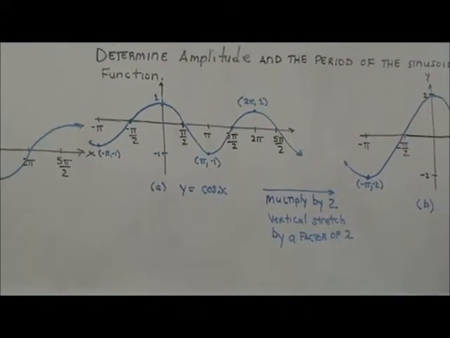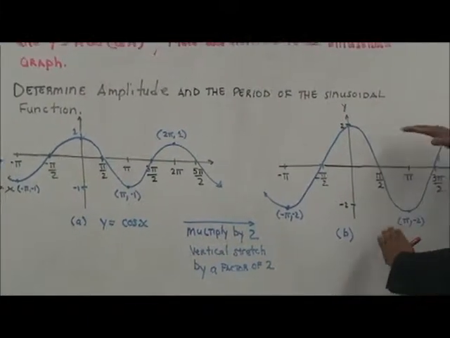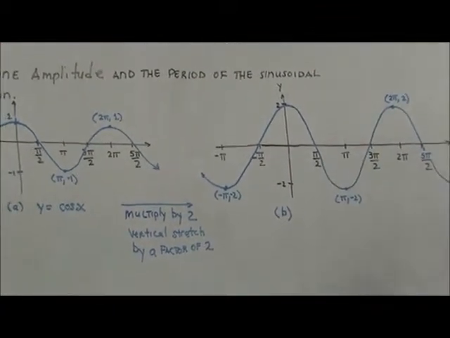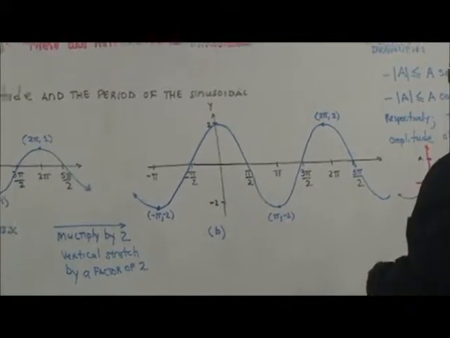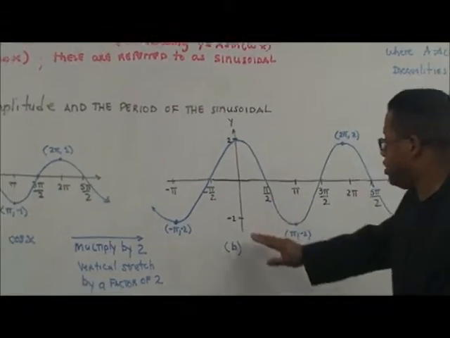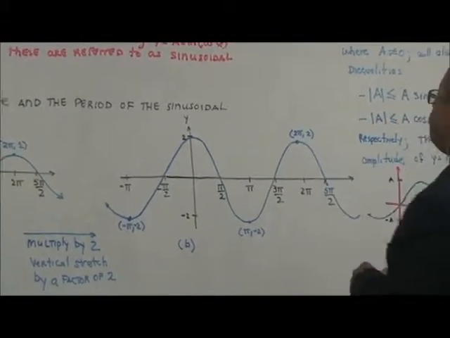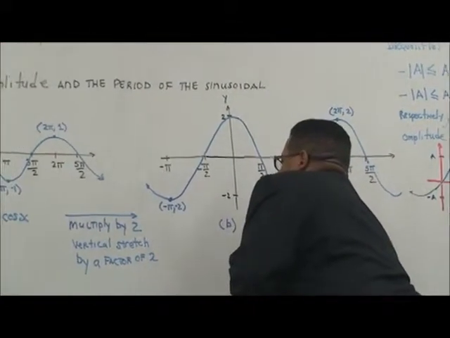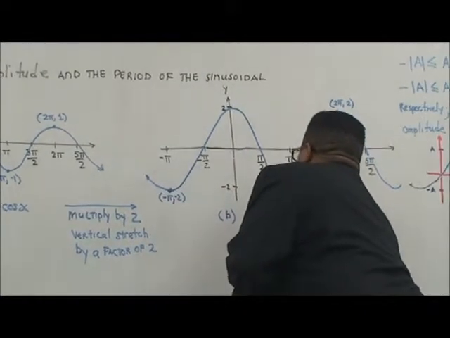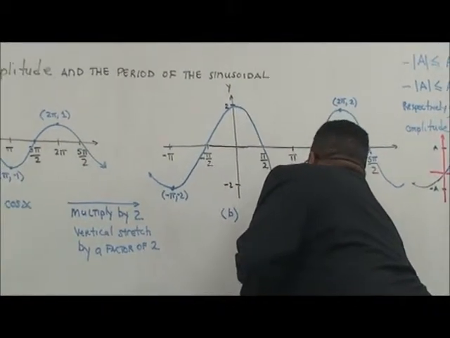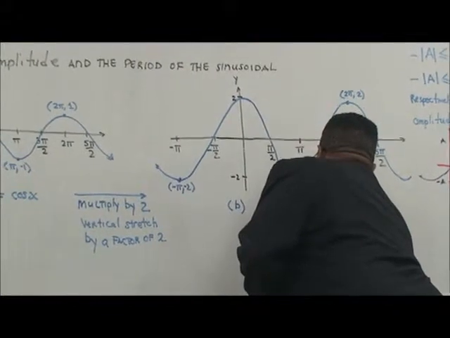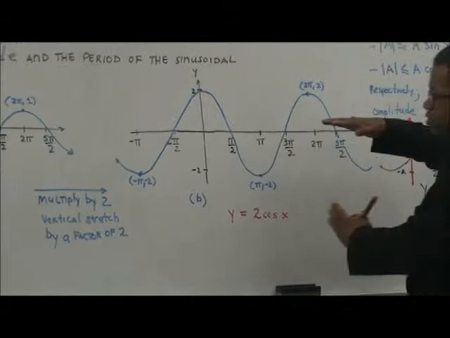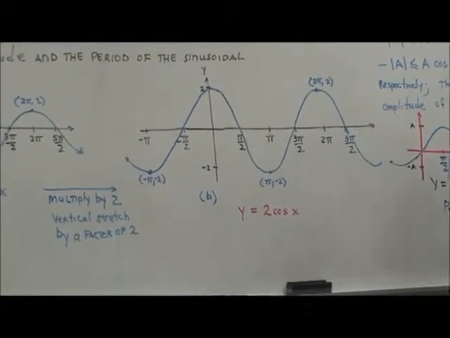Remember from the last videos, we get a vertical stretch by a factor of 2, because the amplitude in this particular case is 2. So this is going to be y equals 2 cosine x. You see this? Because of the vertical stretch.